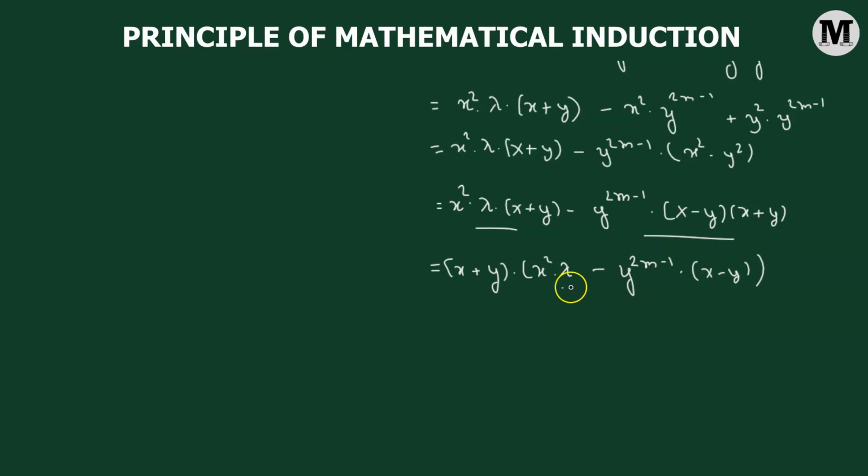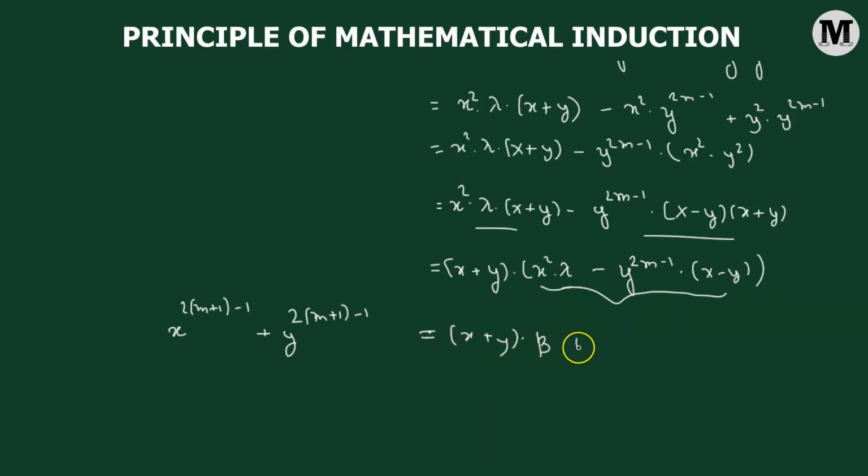Fine. Now lambda is a natural number, m is a natural number. That means this entire expression is some number, and actually we don't have to worry about the value of this number, because as long as it has a factor of x plus y, this simply tells us that we started out by considering x raised to the power of 2 times m plus 1 minus 1 added to y raised to the power of 2 times m plus 1 minus 1, and we were able to show that this equals x plus y times some value, let's call it beta, where we have considered x squared times lambda minus y raised to the power of 2 times m minus 1 multiplied to x minus y to be equal to beta, and beta is a natural number.